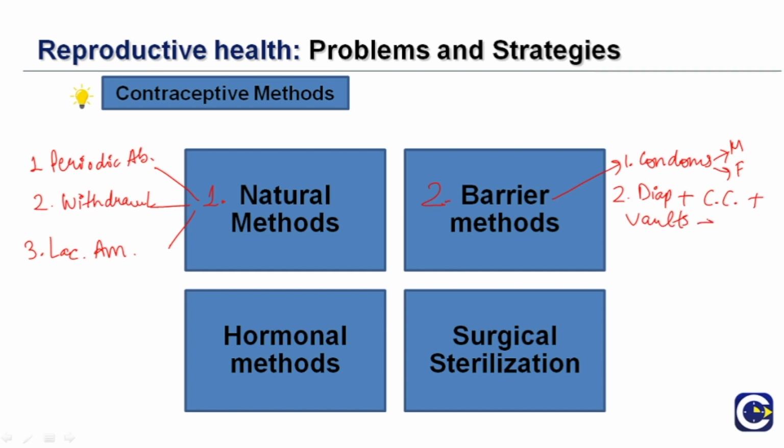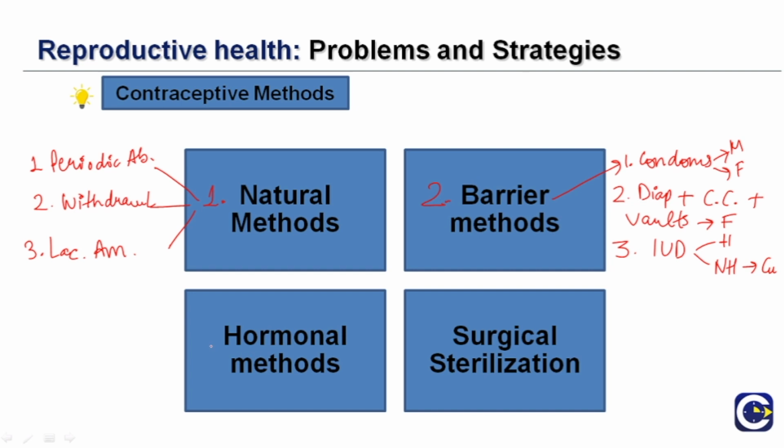And all these three are available for females. And the next one we saw were the intrauterine devices that can be either hormonal or they can be non-hormonal. And under the non-hormonal were also the copper releasing intrauterine devices. So condoms and intrauterine devices are the most commonly used barrier methods.